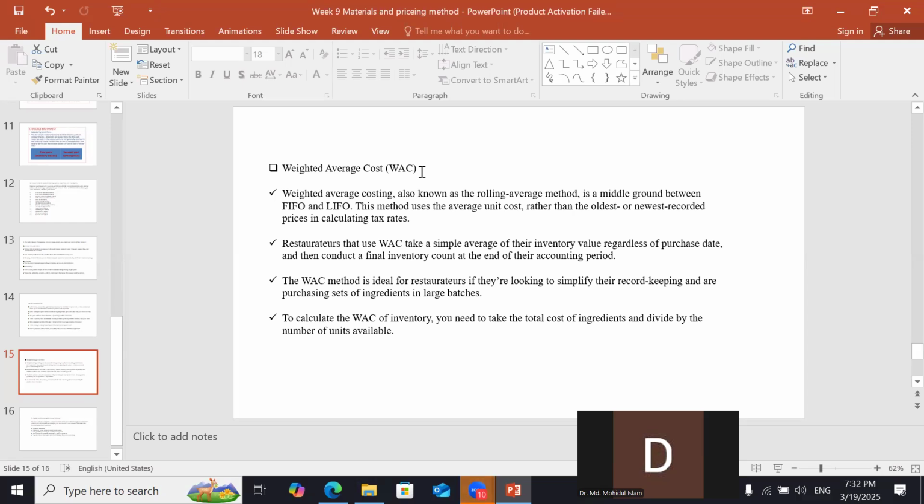In this situation, when you produce a new product, you set a price combining the current price and old price, current product and old product, and combined you set a new price. Again, when a new product comes in the market, you set a new price from old product and new product. This is the weighted average.